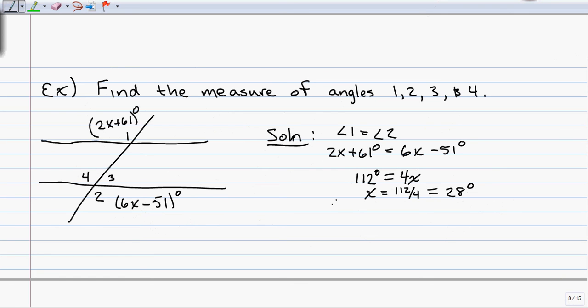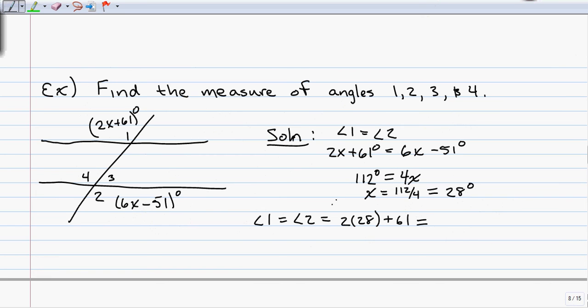All right, so if x is equal to 28 degrees, then we know that angle 1 and angle 2, they're equal to each other, is equal to 2 times 28 plus 61. Or you could do 6 times 28 minus 51. Either way, you should get the same number here.